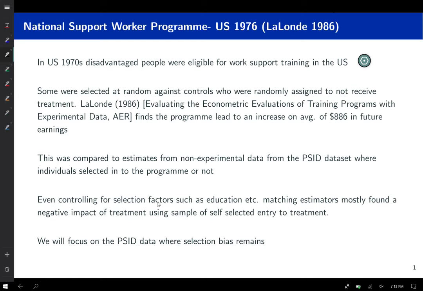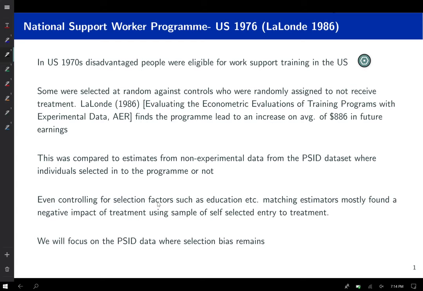So we already know to begin with that if people are selecting into this program, it's most likely that they're going to come from disadvantaged backgrounds and that they're likely to already be earning low anyway, so we'd expect possibly to find people that had the treatment actually were earning lower than people that didn't have the treatment. So it's not that the National Support Worker Program wouldn't increase productivity and their earnings, it's that the people that would select into it would of course on average likely be less skilled and so on to begin with anyway.